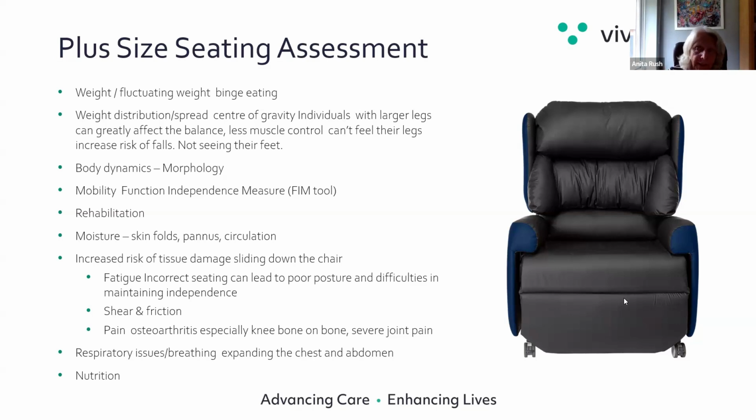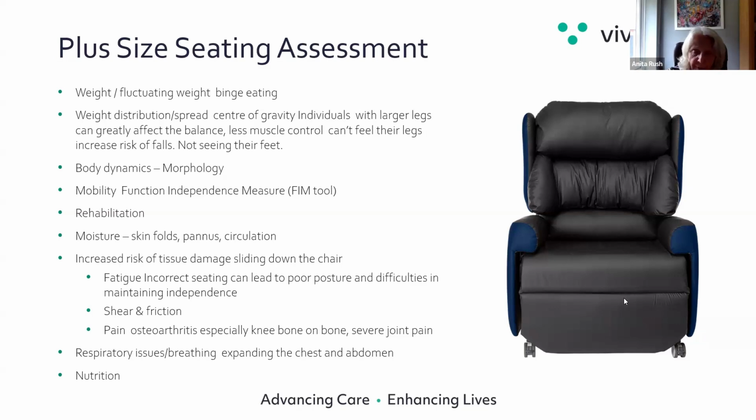You've also got to look at the positioning in the chair, what the material is, because of fatigue. When I do training, sometimes I ask the delegates to sit up and see how long they can sit up for at a certain angle. If you don't have the correct seating, your plus size individual is going to get fatigue and start to slide down the chair purely because they're not comfortable, and it's about maintaining their posture.